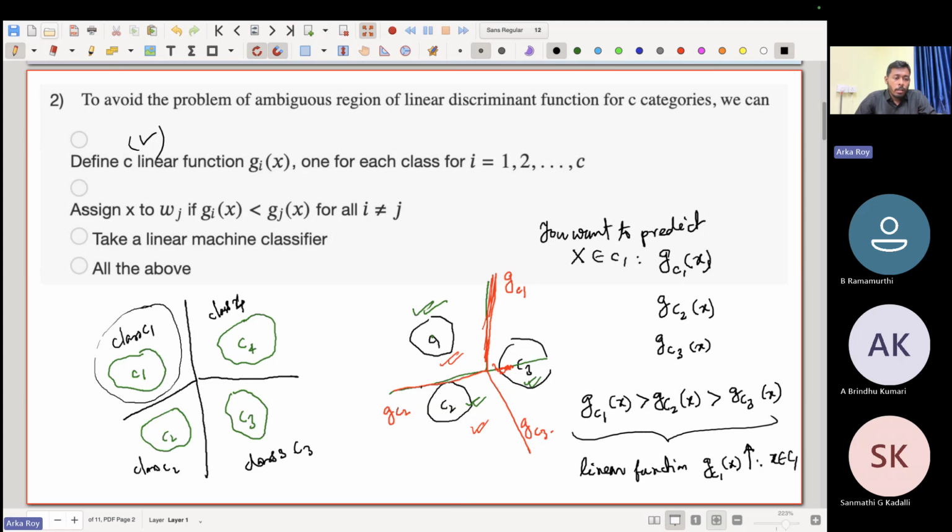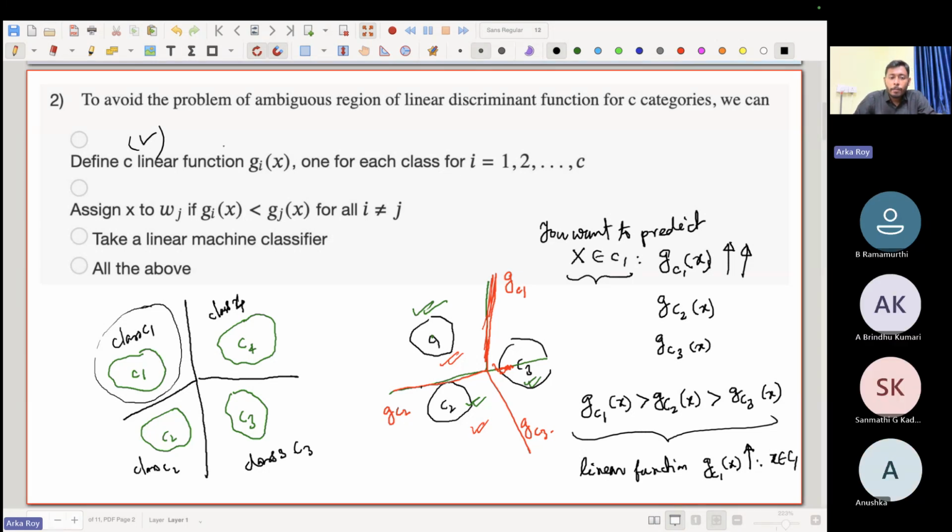Then the second option states: assign X to omega j if Gi X is less than Gj X for all i not equal to j. So this is also true. For example, if X belongs to C1, then G C1 of X should yield the highest value.